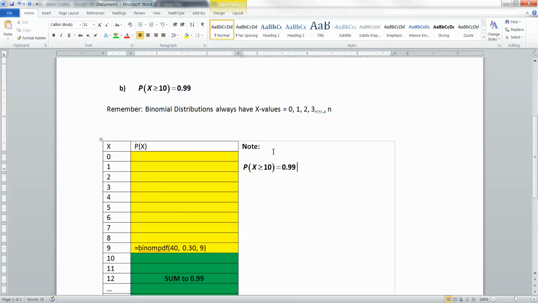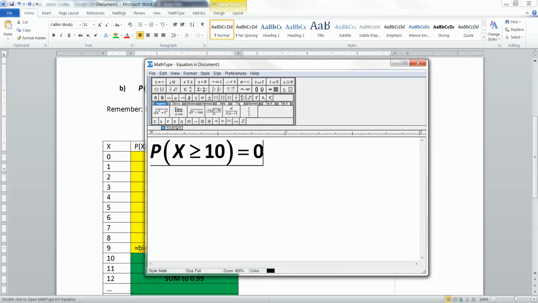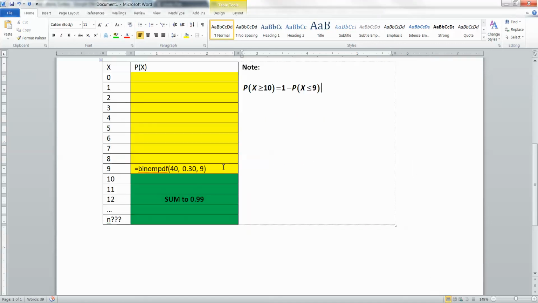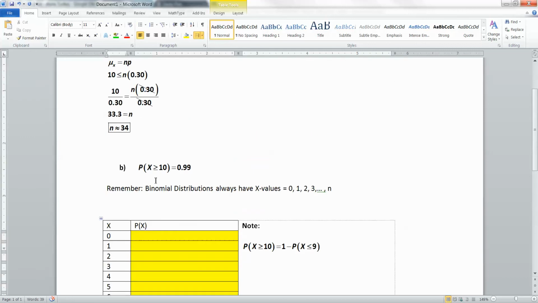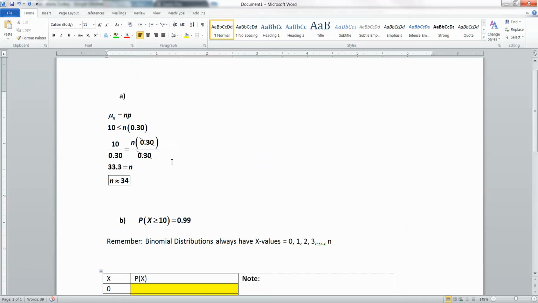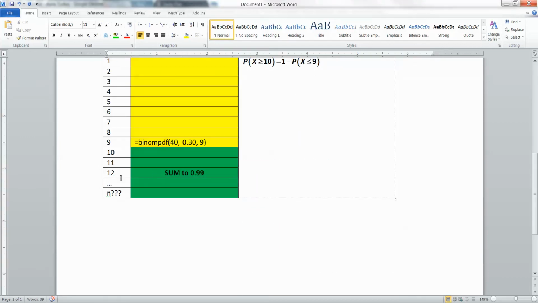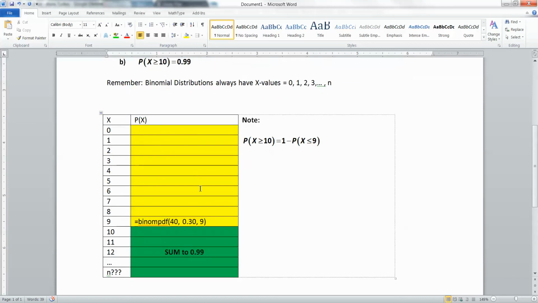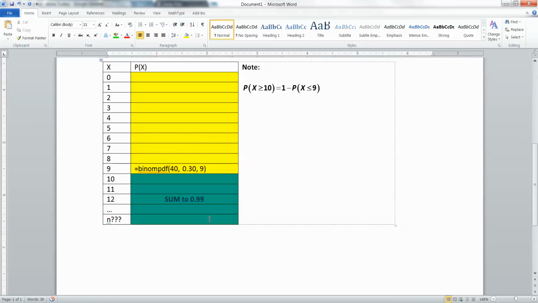The probability that x is greater than or equal to 10 is 1 minus the probability that x is less than or equal to 9, right? That's what we just said right here. You want the green stuff, and there's tons of them in there. You want all of this to sum up to 0.99.